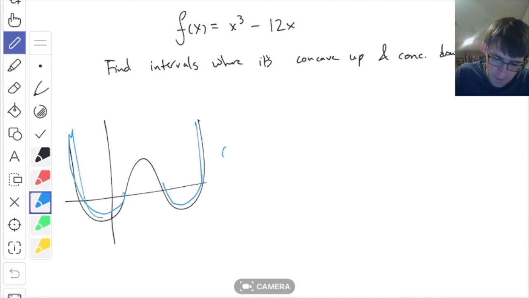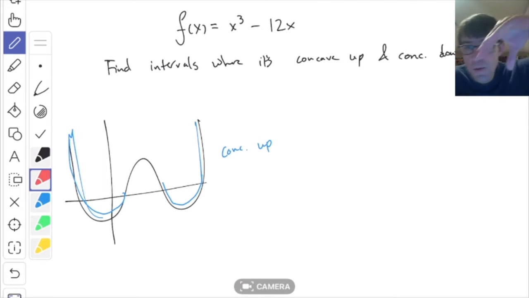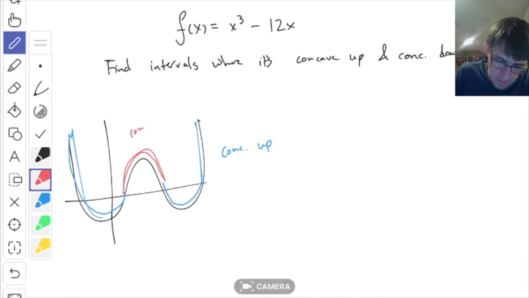These are concave up. Concave down would be the other way around, this frowny shape. This is concave down. And the points in between an up section and a down section, where it switches from being up to down, like this point or this point on my picture, are called inflection points.